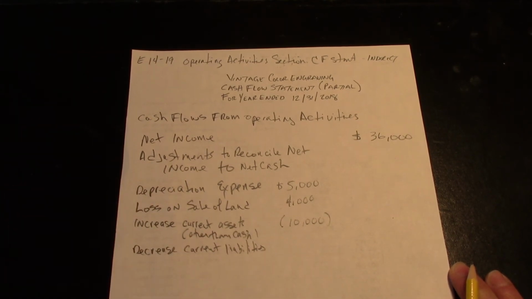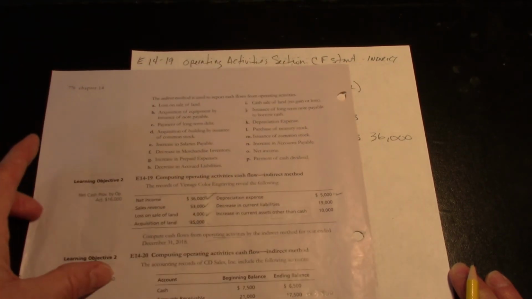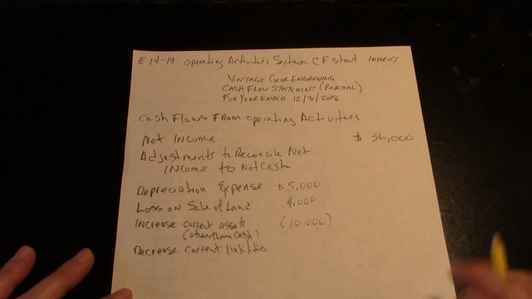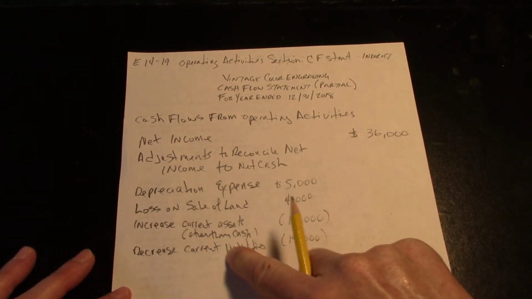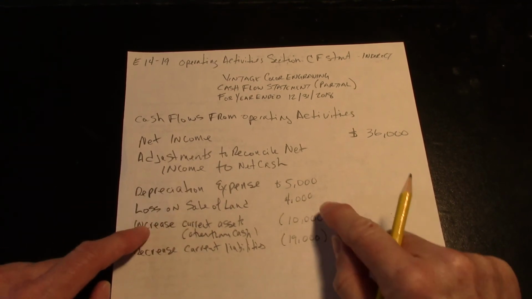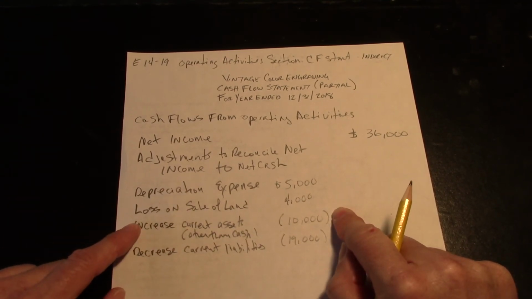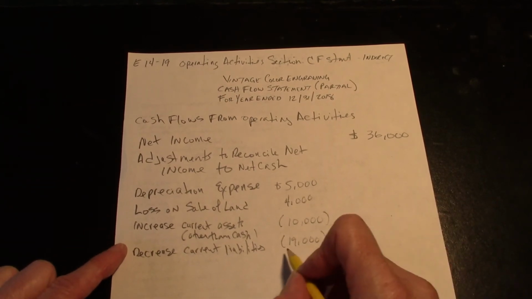Those are your current liabilities. So they decreased by $19,000, so you subtract it. All right, so you got to remember that liabilities work opposite of the way assets do. So in this case, you increased it, so you subtract it because it's assets. In this case, it decreased, but you still subtract because they're liabilities.